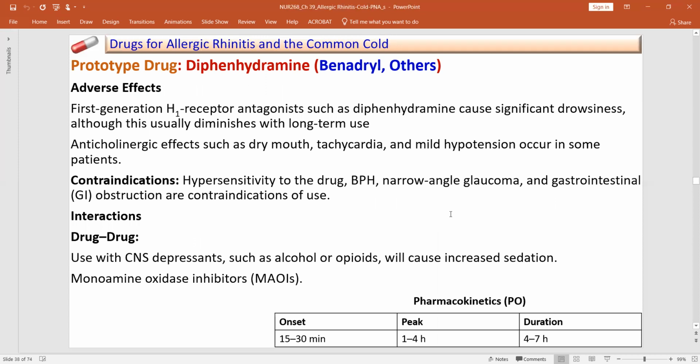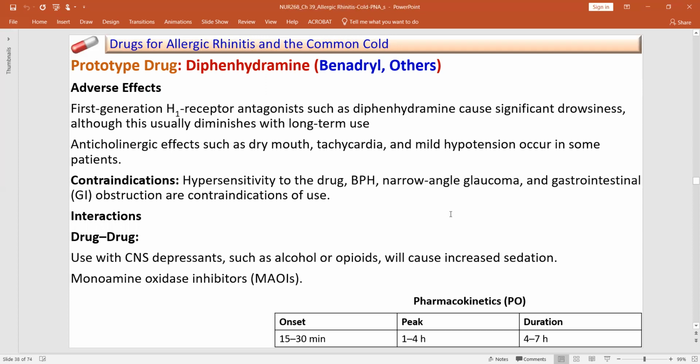Benadryl, these are some of the side effects, but it may also cause, as we said, dry mouth, tachycardia, mild hypotension, and in addition photosensitivity.